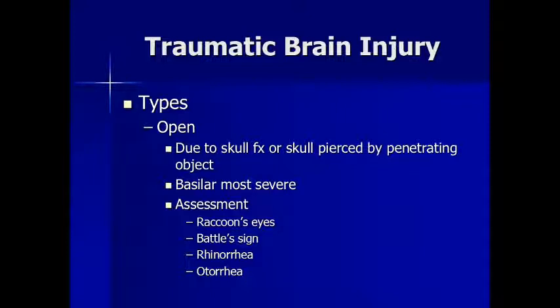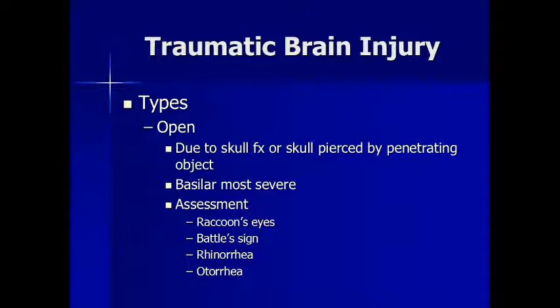You may see rhinorrhea, which is a CSF leak, and it's a runny nose. It's a clear fluid coming from the nose. And generally we test with a dextro stick, or just one of our glucose sticks. And if it's positive for glucose, then we know that it is a cerebrospinal fluid leak.